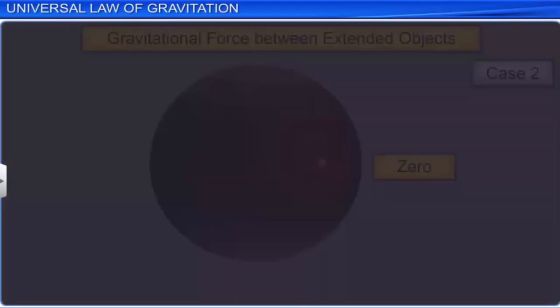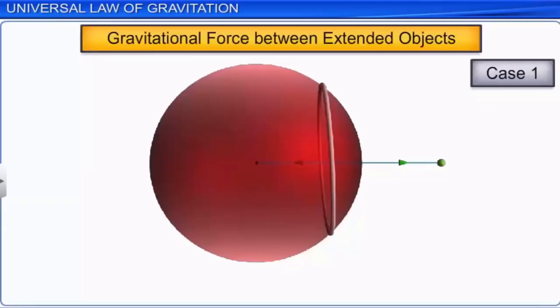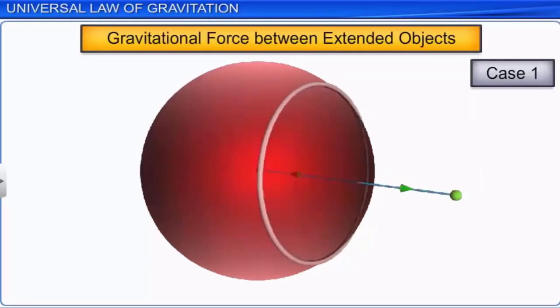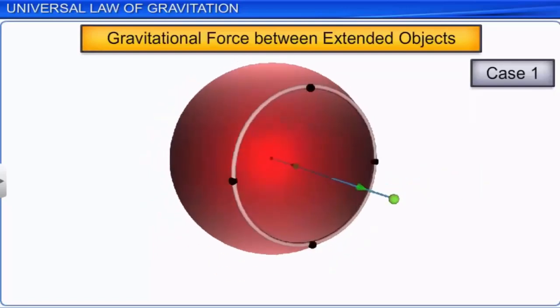The hollow shell can be considered to be consisting of several point masses along its surface. For example, consider the circular strip of the shell and the point masses on it. Gravitational forces caused by various point masses on the circular strip of the shell have 2 components, one along the line joining the point mass and the center of the shell, and the other perpendicular to it.